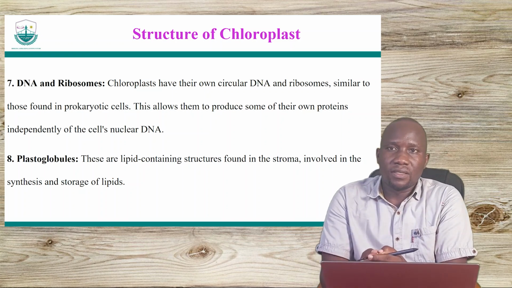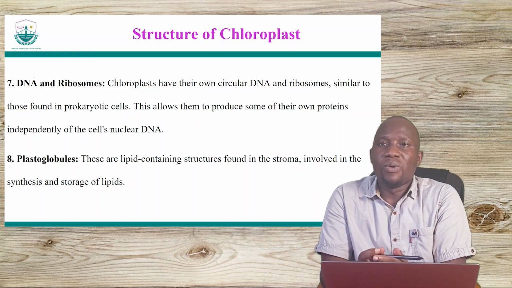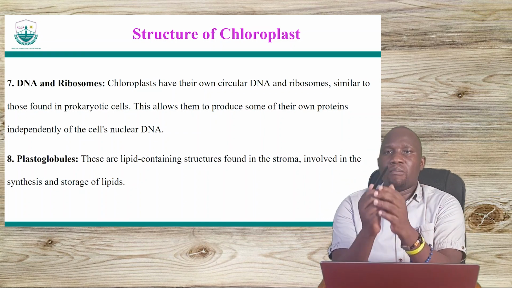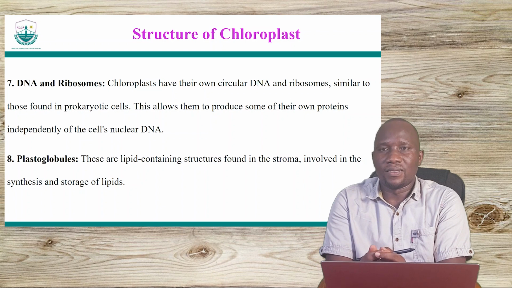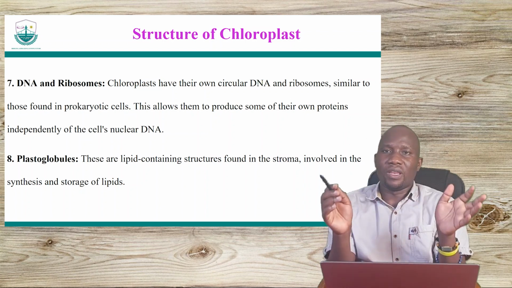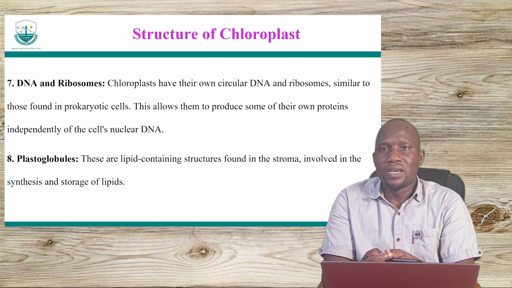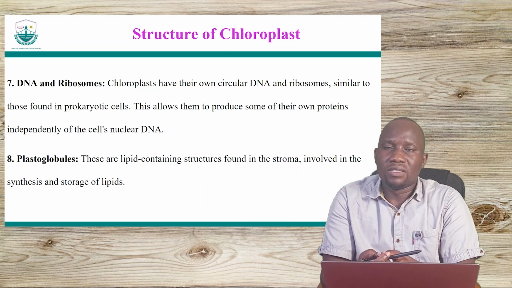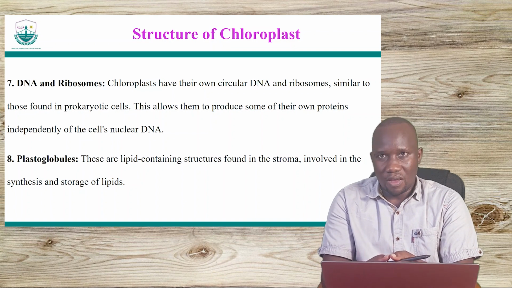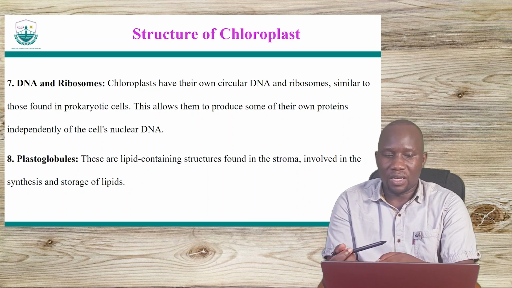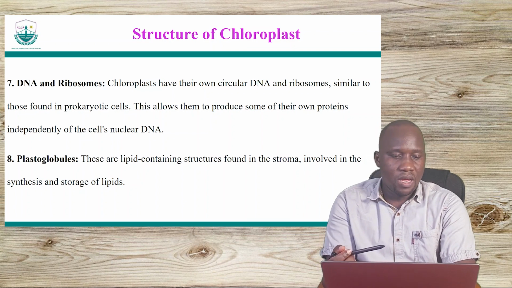When we say an organelle is semi-autonomous, that means it has some power to do its own thing, regardless of what happens in the entire cell. So when we say that chloroplasts are semi-autonomous organelles, it's because they contain this DNA. That means they can carry out some functions on their own.